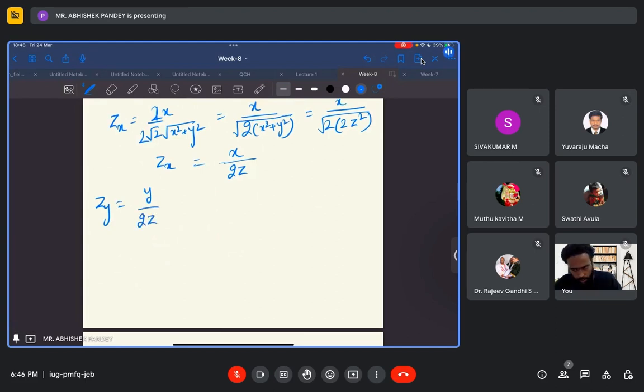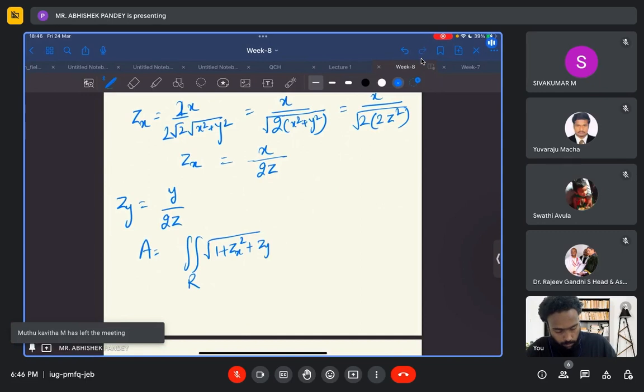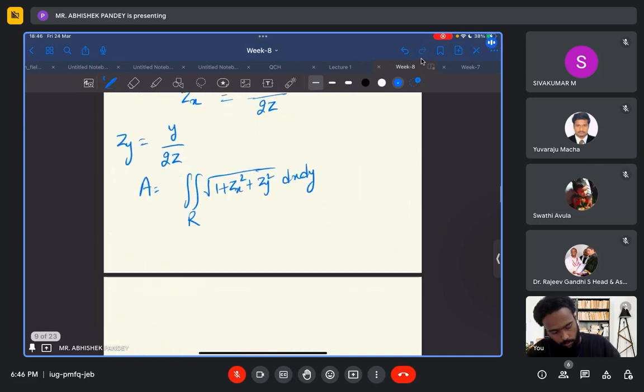Okay, so the area is double integral over R of root of 1 plus zx square plus zy square dx dy, which is now this thing we need to calculate.